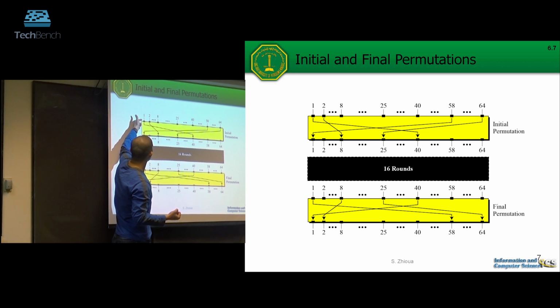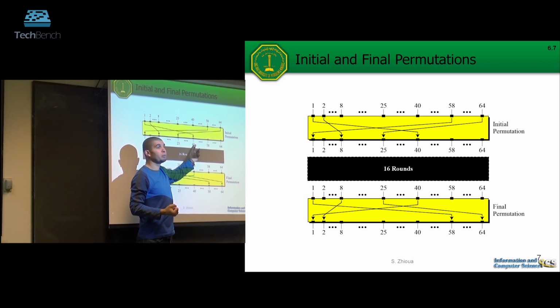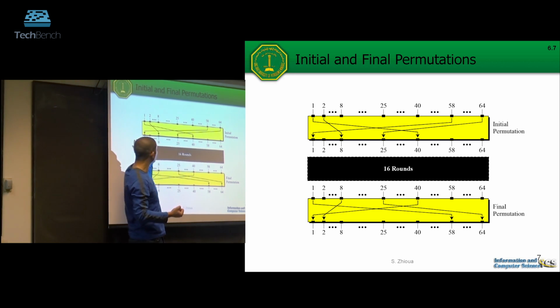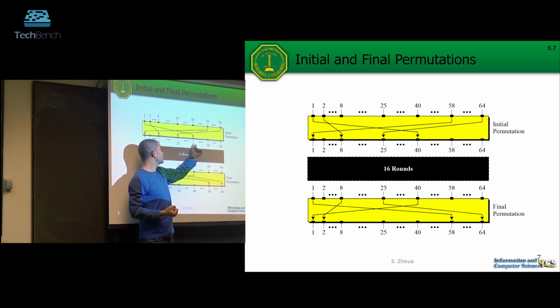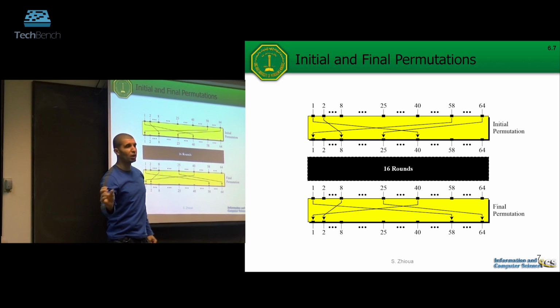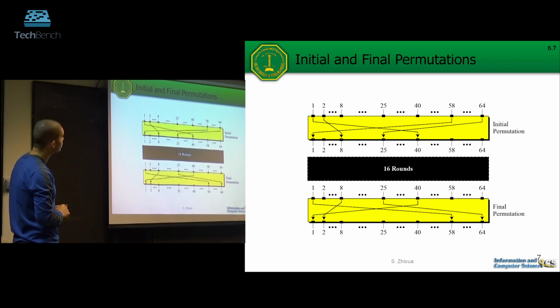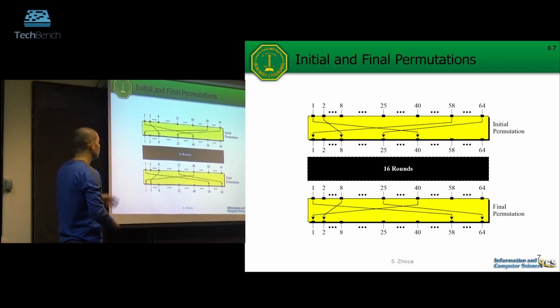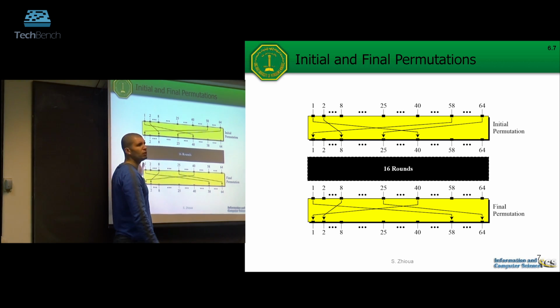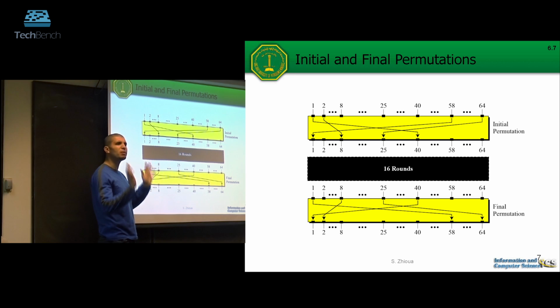Bit 1 becomes bit 40. In the output of the permutation, for bit 40, you take bit 1 of the input and put it there. You permute all the bits, and the final permutation does the same thing. This is a simple permutation.